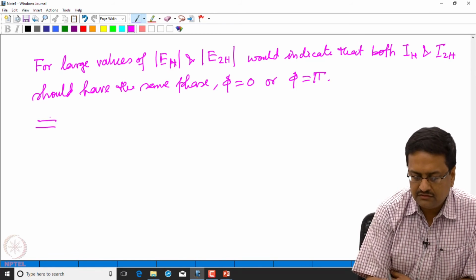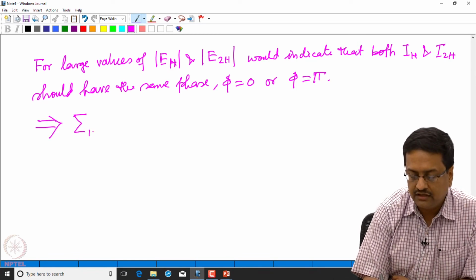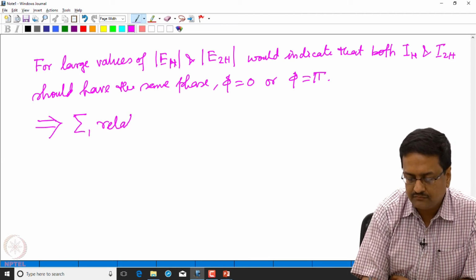So this conclusion that we are drawing here is called the sigma 1 relationship.